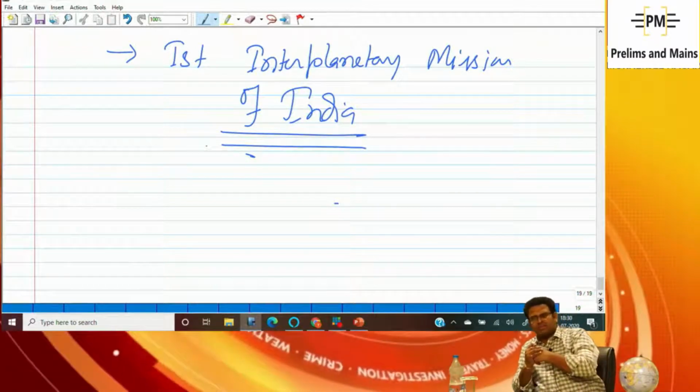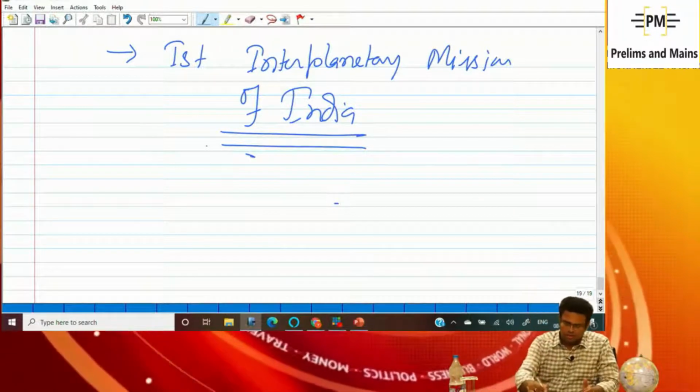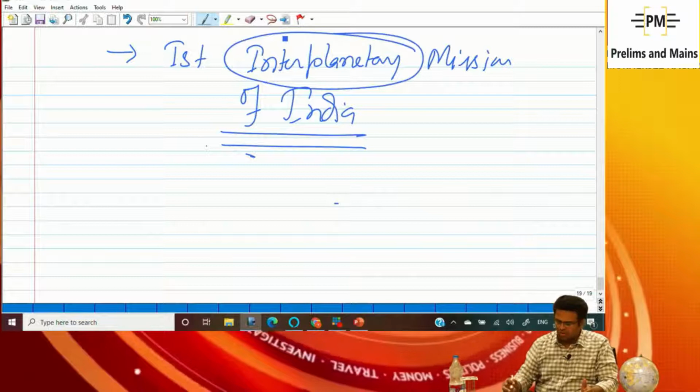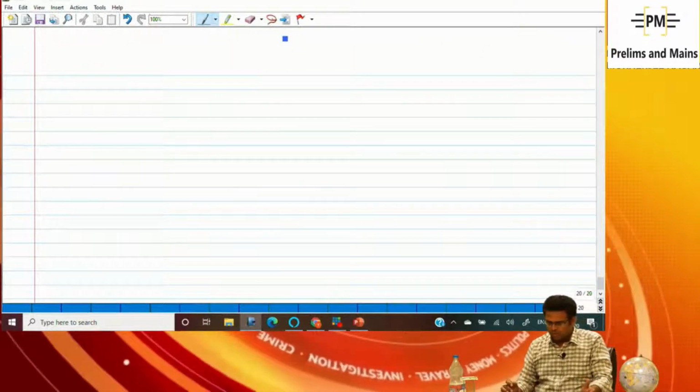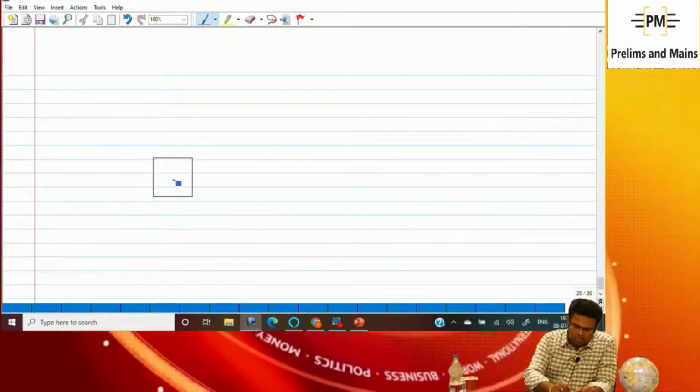You can say that Mangalyaan, by the PSLV C25, was able to reach Mars, the first interplanetary mission, which you should also remember. It is clear. So my point is, I have to talk about ISRO.